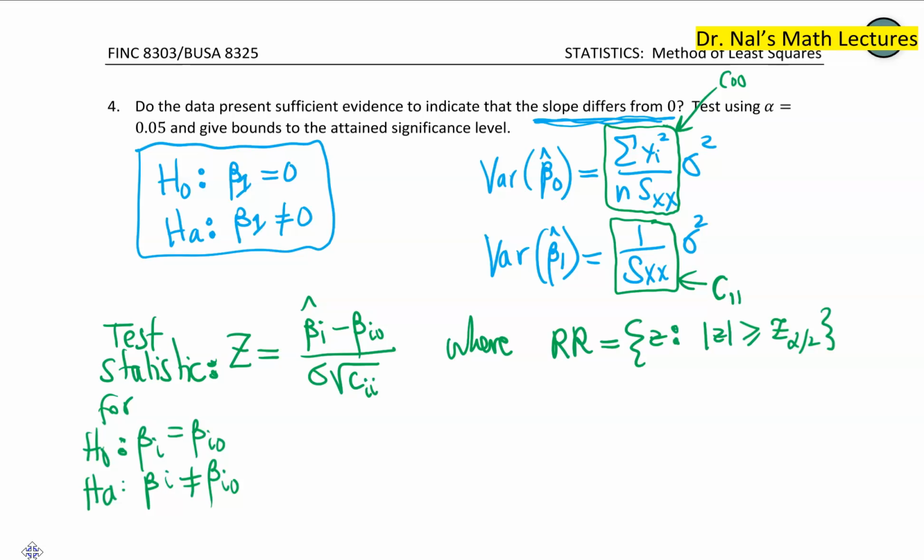Basically we are in either one of the two tails, so that's our rejection region.